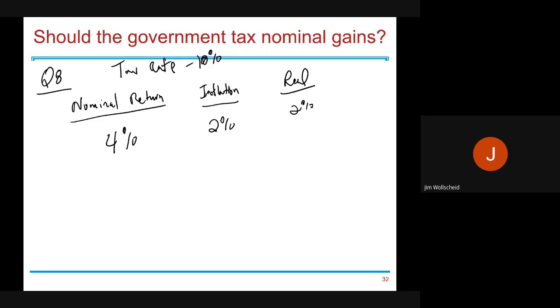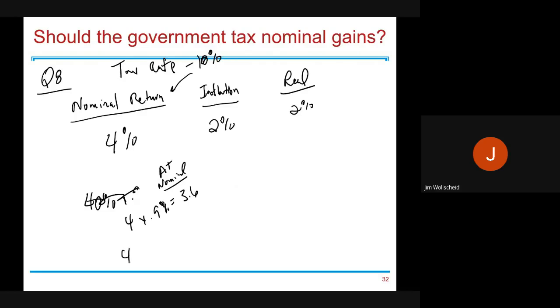They tax nominal returns. So if I get taxed 10% of my nominal returns, that means I get to keep 90% of my income. So I take 4% times 0.9, which gets me 3.6. So what we call our after-tax nominal return is 3.6.